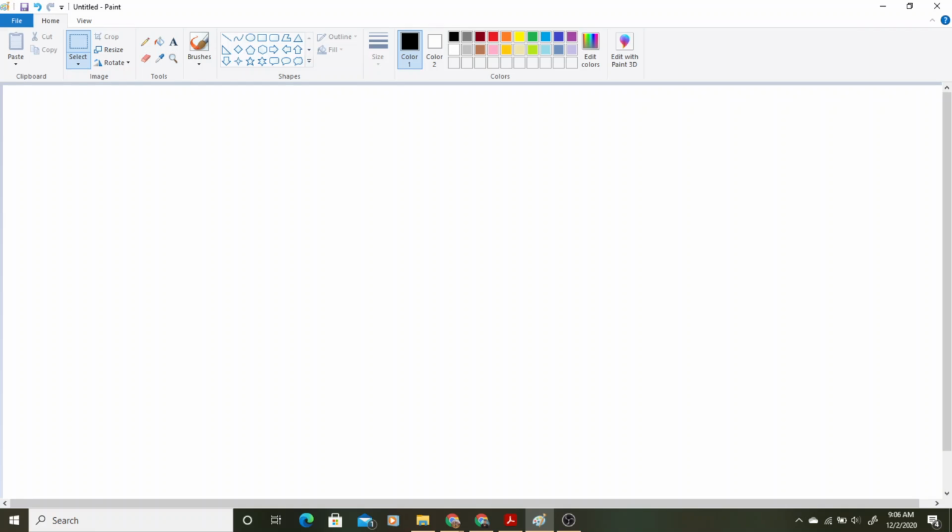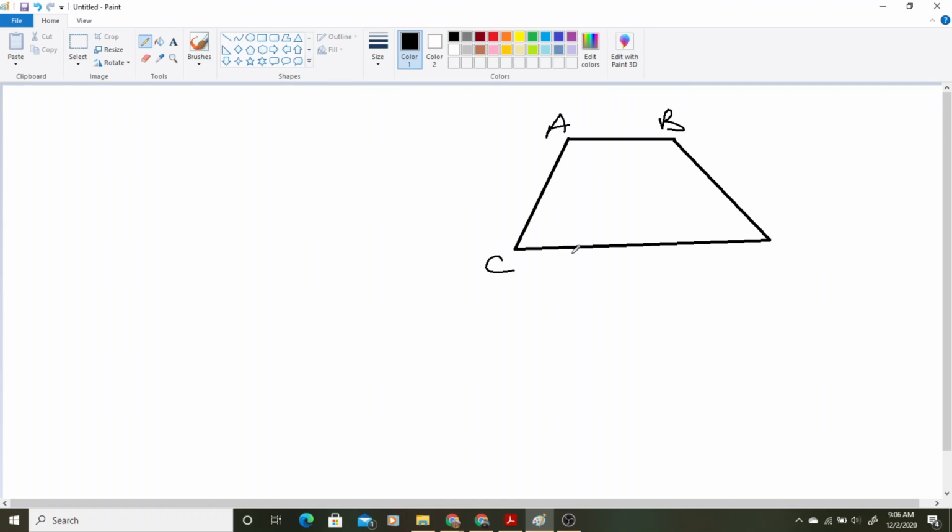Now suppose you are given a trapezium, like this. You know the thing, in a trapezium, two of the sides are parallel, AB and CD. Okay, AB and CD are parallel.